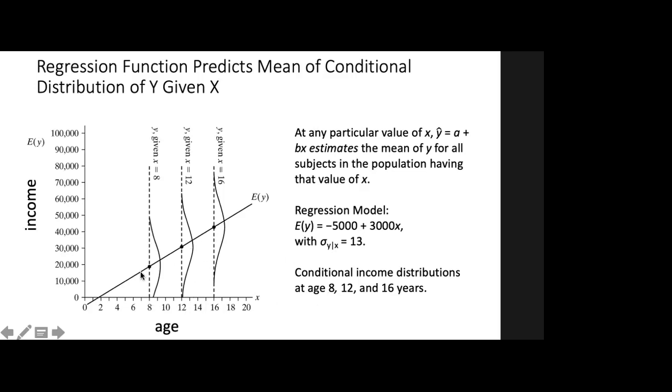For our bivariate normal distribution, as you may remember from last week, one condition was that for any given value of x, the standard deviation, the variability of the y values, is the same.